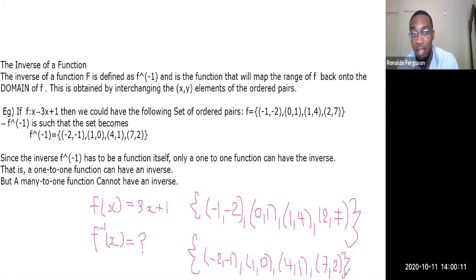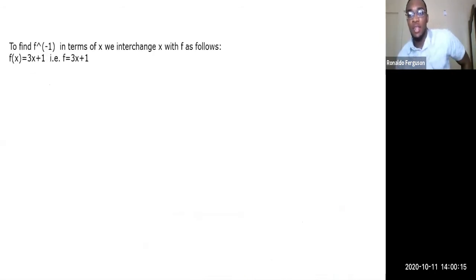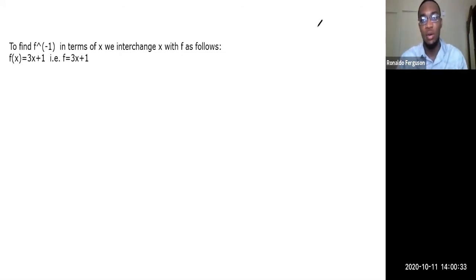Now after we get f inverse in terms of ordered pairs, how are we going to get the function f inverse of x? It's pretty simple, so let's look at how we do that.